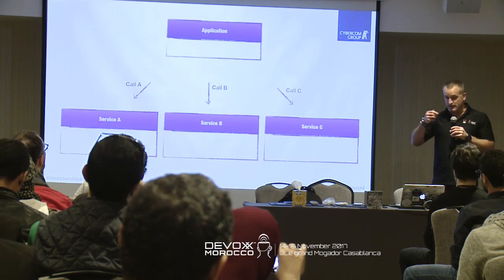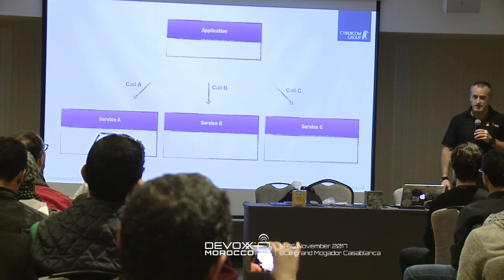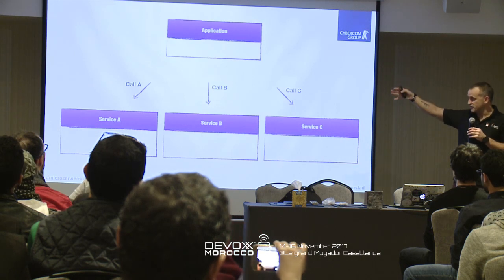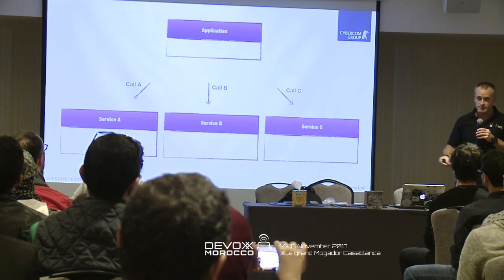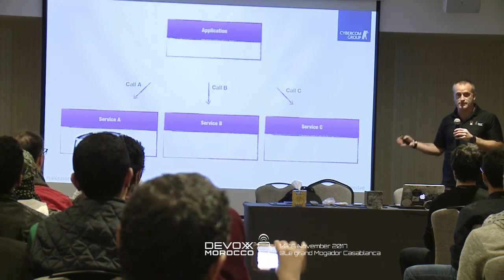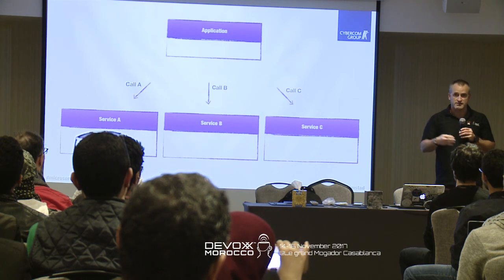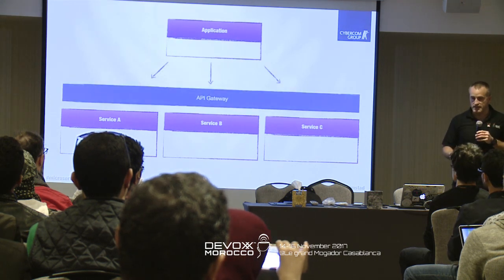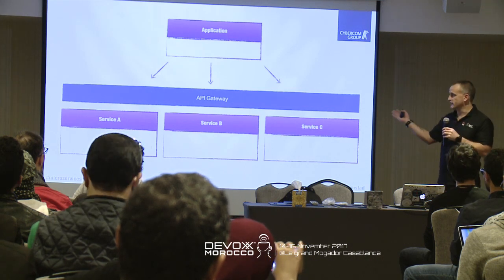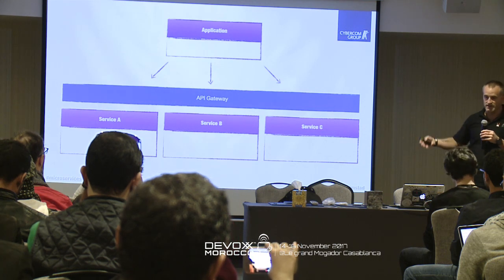As you remember from my first slide, this is typically how you have the application call the different services, called service A, B, and C. But to abstract away how they are calling service A, B, and C, because you're not necessarily interested in knowing that you're calling service A, B, and C, you can introduce an API gateway on top of that. And the API gateway can take care of things like security, access control, etc.